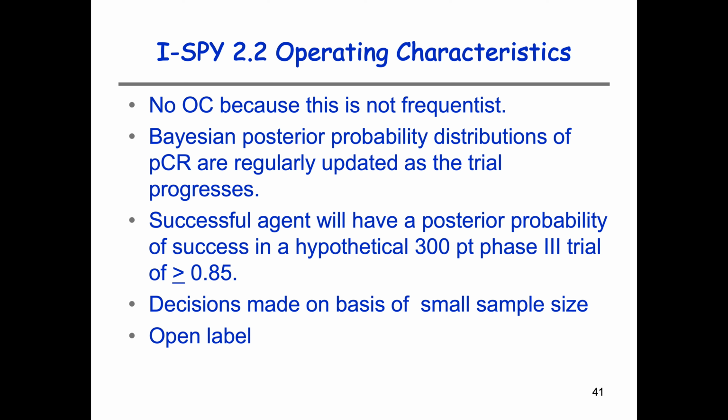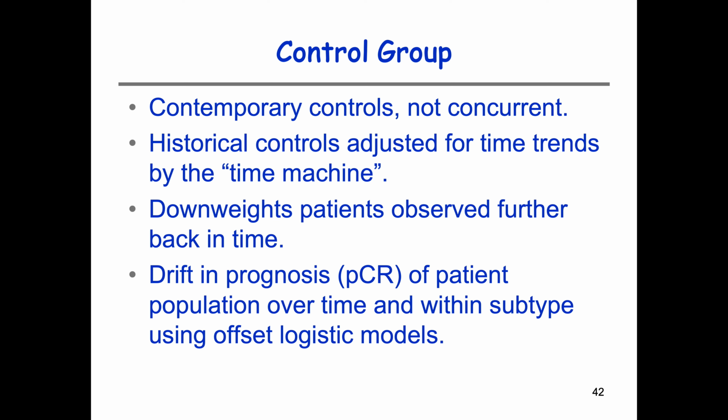However, all of the decisions of progressing that I've mentioned before are made on the basis of a small sample size as patients are recruited. And this is open label, it's phase 2. Open label is not unusual in phase 2, but we have to consider that it's also open label.